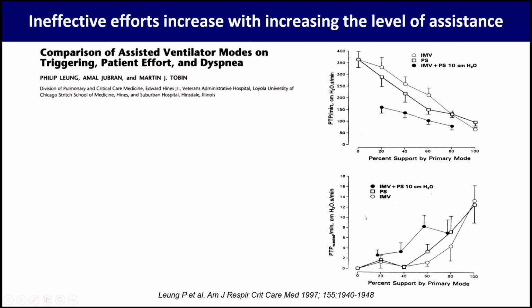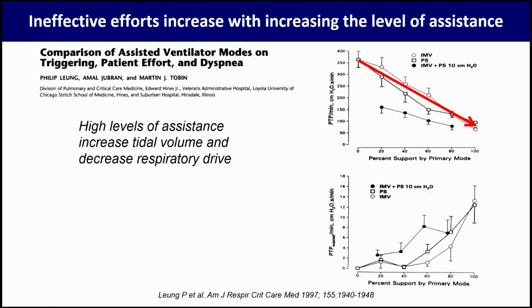The common cause of asynchrony and dyssynchrony is too much support. If you are giving large tidal volumes or a higher pressure support, or if you increase the minute ventilation, then the patient's effort becomes less and there is a lot of dyssynchrony.